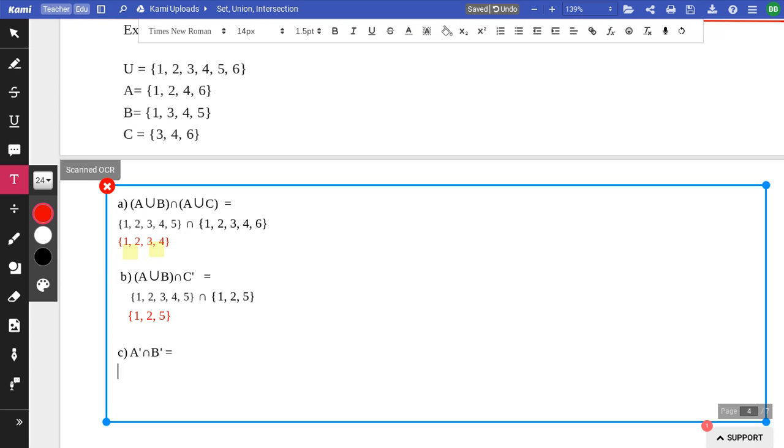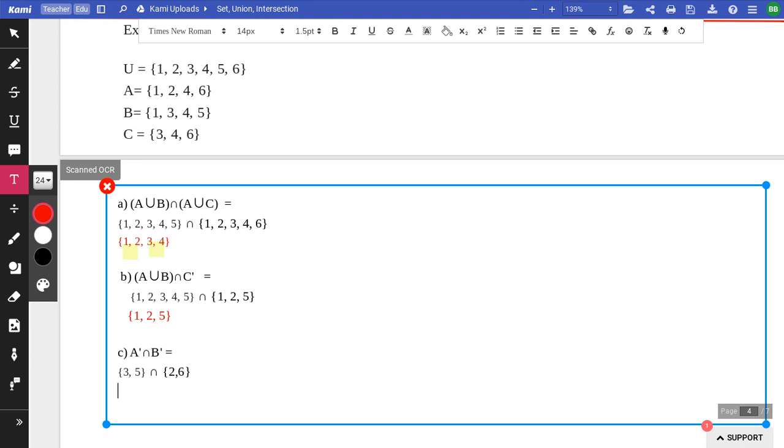Okay, and this, pretty simple. What's not in A, and then what's not in B. 3 is not in A. 5 is not in A. What's not in B? 2 is not in B, and 6 is not in B. So this is an and, so there's what's similar.